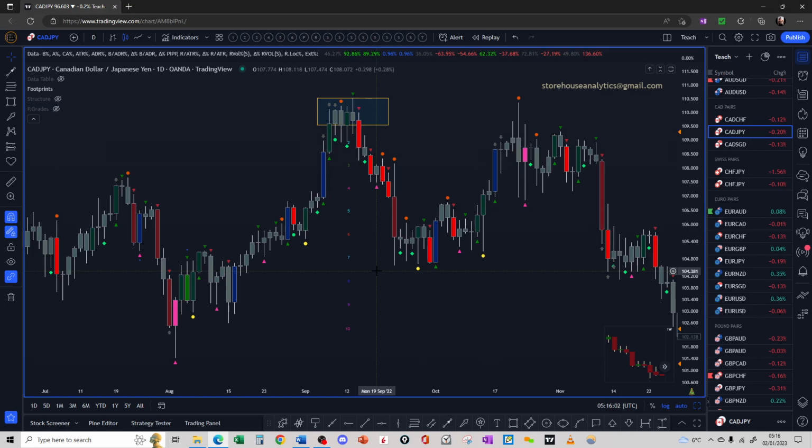If you're getting levels that are scoring 10 out of 10 on different measures, maybe you want to consider putting size on when you take those levels. But if you have zones scoring 7 out of 10 on strength of move away and 6 out of 10 on this, and the total score out of, say, 60 is 45 rather than 55, maybe you want to not use your max risk. Maybe you want to use 25%, or even not take that trade at all.